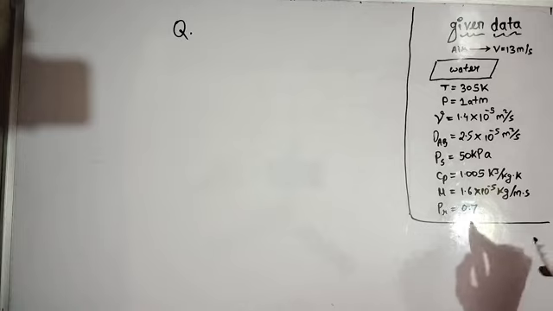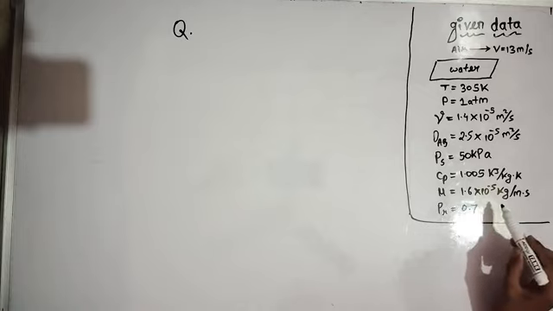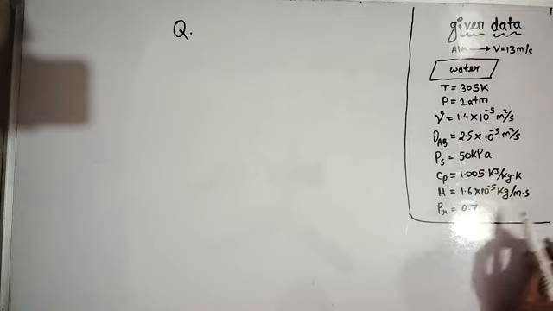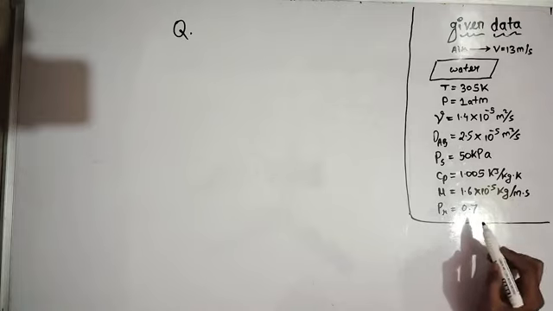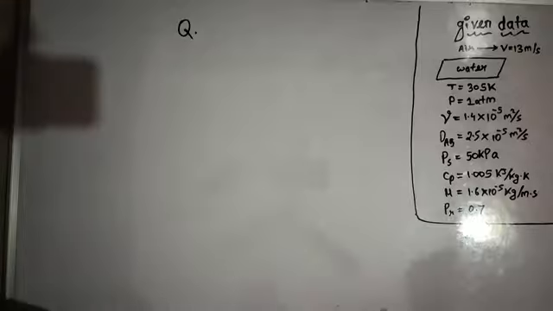Viscosity of air is given as 1.6 into 10 raised to power minus 5 kg per meter per second, and Prandtl number is given as 0.7. So let's move to the solution.